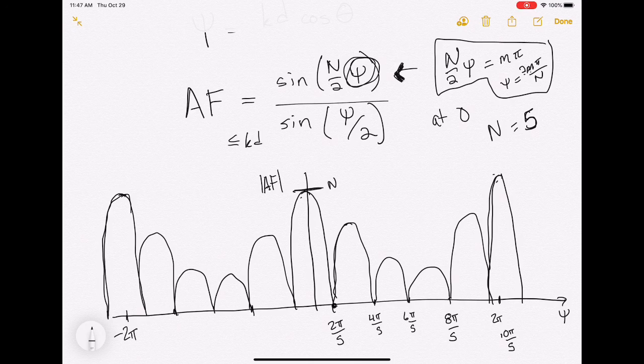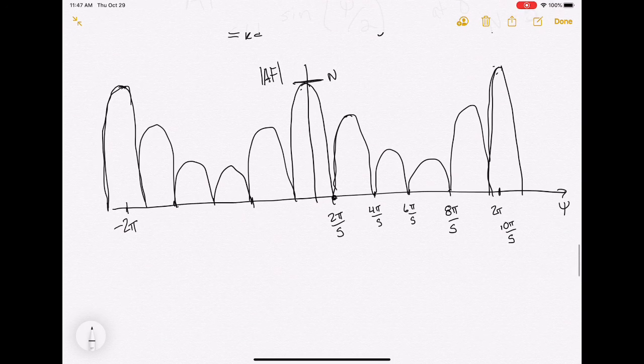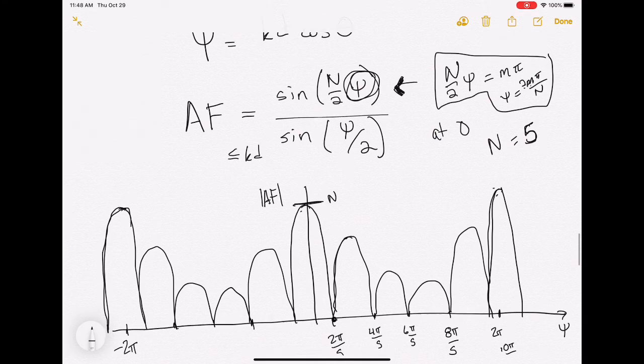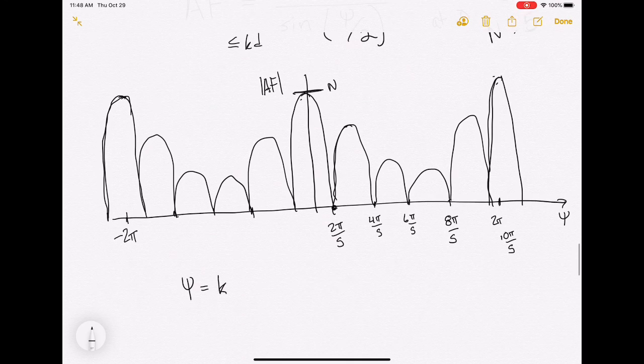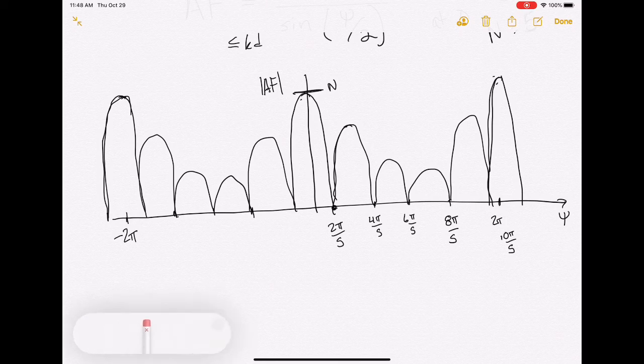Now here's the thing. Not all of the values of psi translate to angles that actually exist, to values of theta that actually exist. Because remember that psi is equal to KD cosine theta. I'm going to write it up higher.